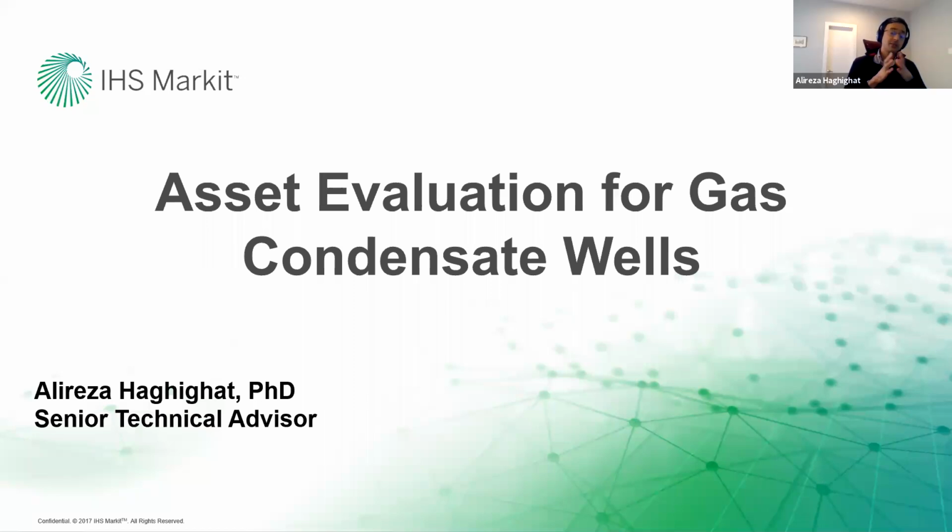Okay. Yes, so these are typically some operational issues. If you see a spike in the rate, or a sudden drop in the rate, this is not something your reservoir is doing. Probably something happened in your processing or operation system. You shut in the well, you have some workover or something like that.